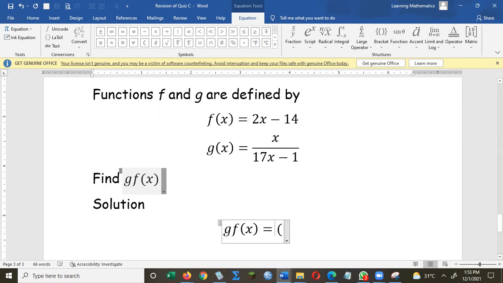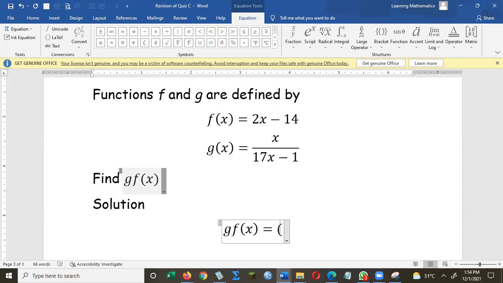Okay. Let me not tell you what to do. Open bracket. You start by saying open. Let me see what you're thinking. Open bracket. Yes.